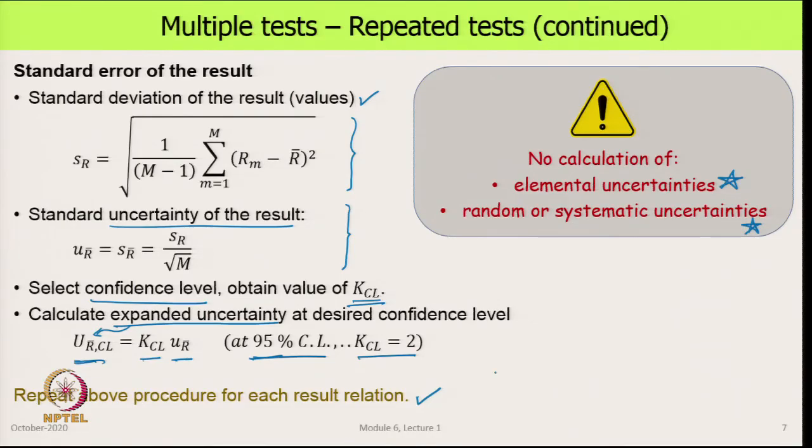So, finally, we would express the result as r bar plus minus u r bar at some confidence level. This is in terms of units, or we could give a percentage value by dividing it by the mean value of the result and expressing this as so much percentage.